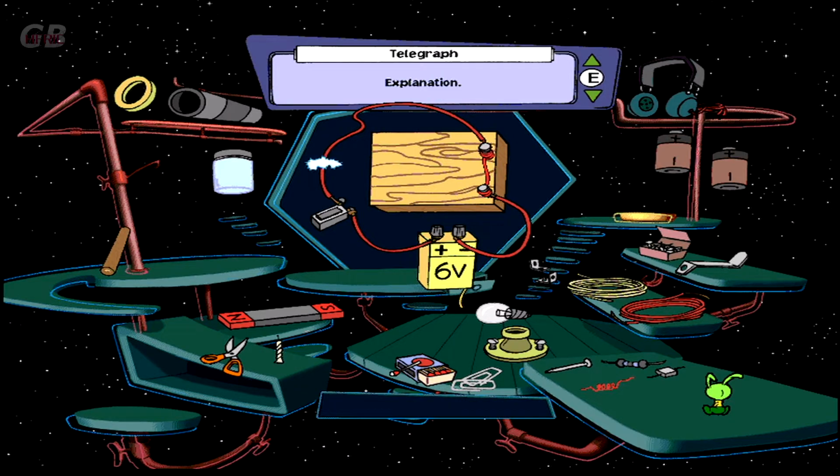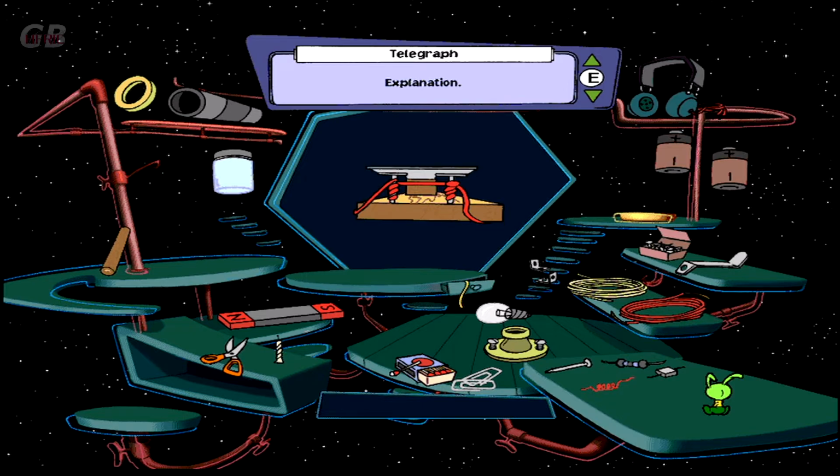As a result, the magnetic field attracts the metal T so that it strikes the heads of the nails and makes a clicking sound. When you release the doorbell switch, the circuit is broken, and no electrons flow through the wires. As a result, the nails lose their electrically induced magnetism, and the metal T is released.